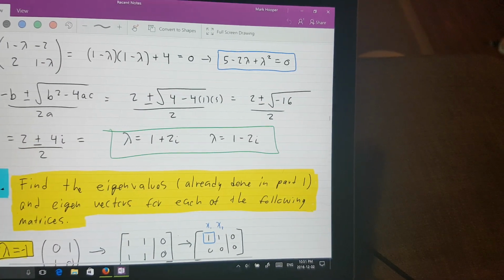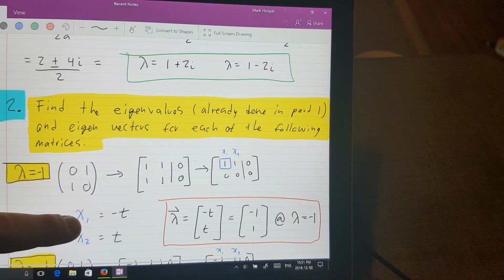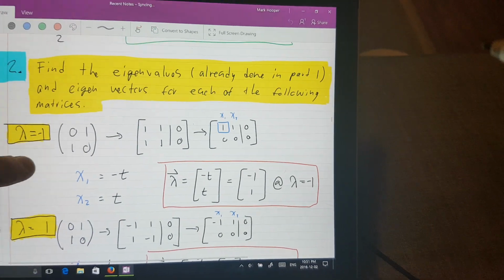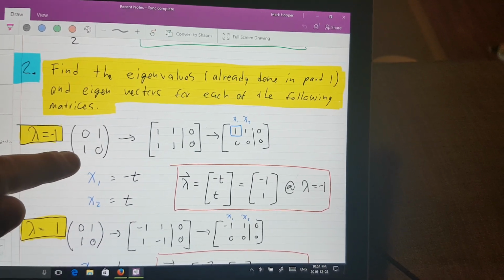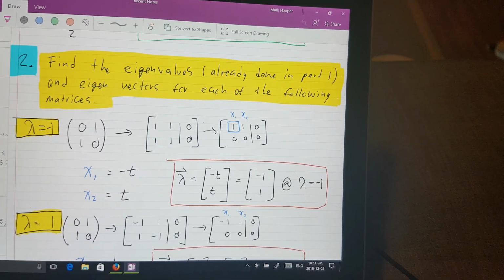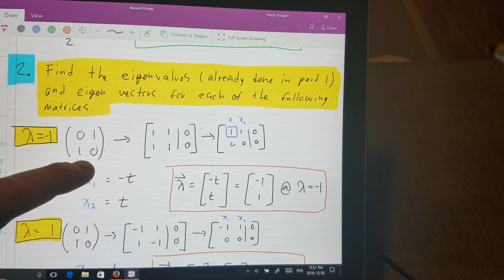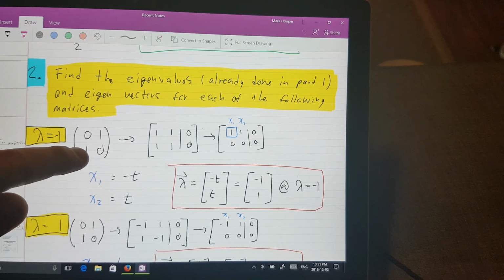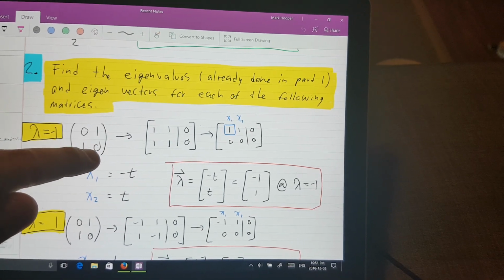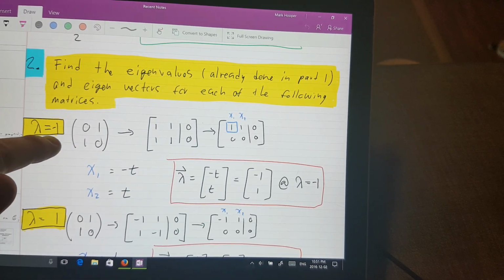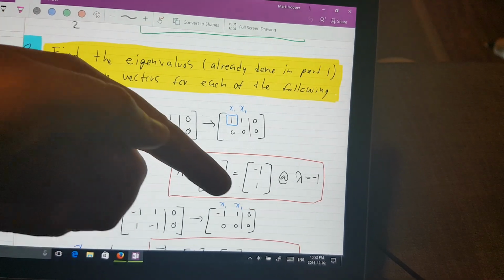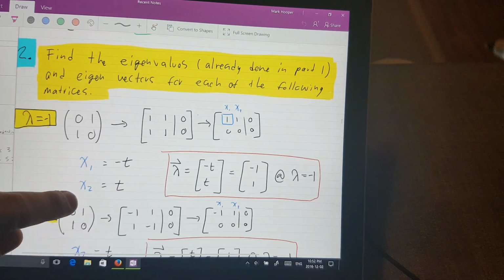Find the eigenvalues, which was already done, and the eigenvectors for each of the following matrices. So it's just matrix A, B, and C again. So at lambda equals minus 1, which is one of the eigenvalues for this guy when we found it up here, we're going to take A minus lambda I, but lambda in this case is minus 1, so we're basically adding 1 to the diagonal like that.